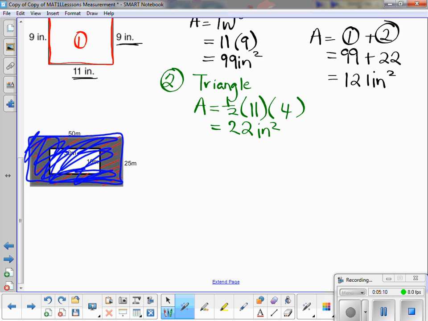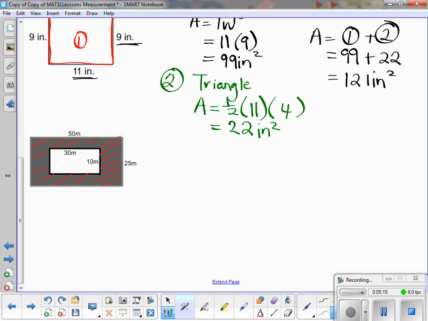So again, I have two areas, and I'm going to label them as such, 1 and 2. If I find the area of the first one, it's a rectangle, and it is length times width, which you can see is going to be 50 times 25, which is 1250 meters squared.